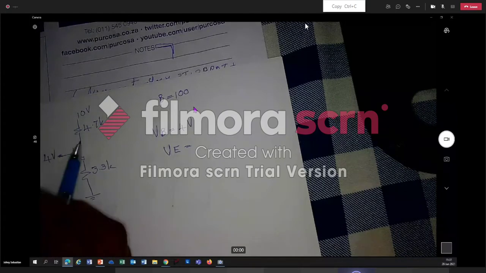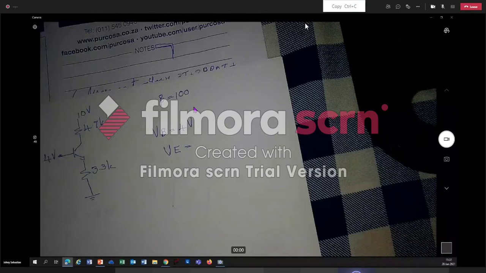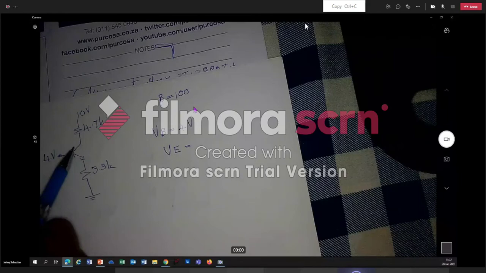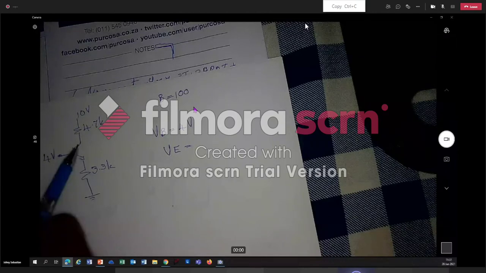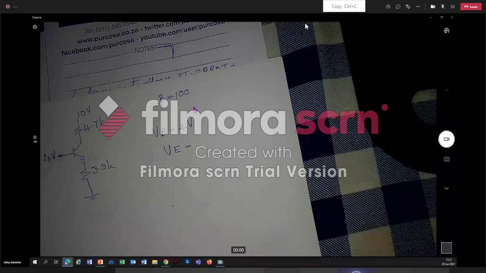No way, because the voltage at the collector could be any value from 10 volt, which means it is cut off basically, or any lower value down to less than 4. It is still fine. So the collector voltage is something nobody can predict, but you can work it out at the end if you go through the proper steps.